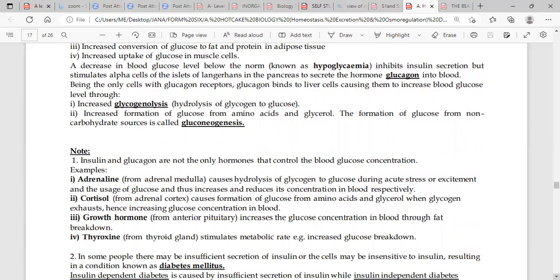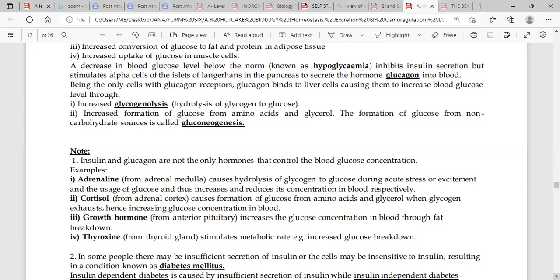When you have a lot of stress or you are excited, adrenaline hormone is released because you need energy to maintain your stress or the excitement. So you must have glycogen getting converted to glucose such that it can be used for metabolism, to generate ATP.